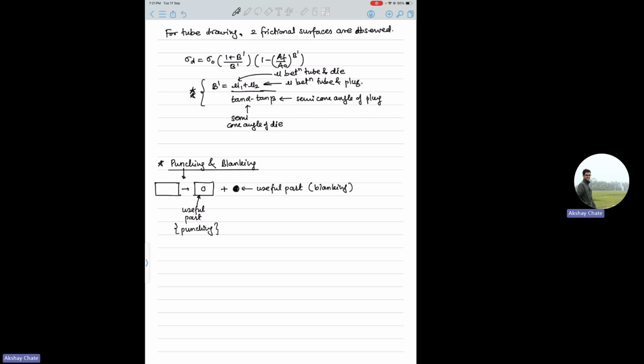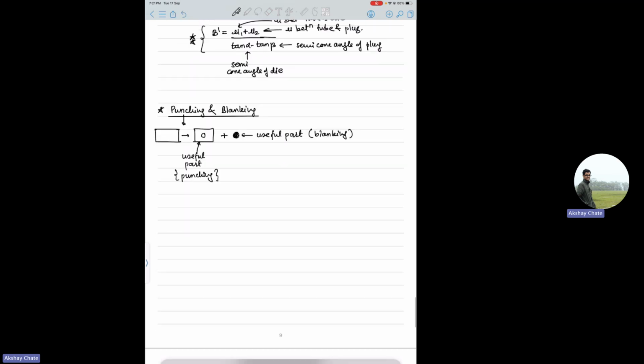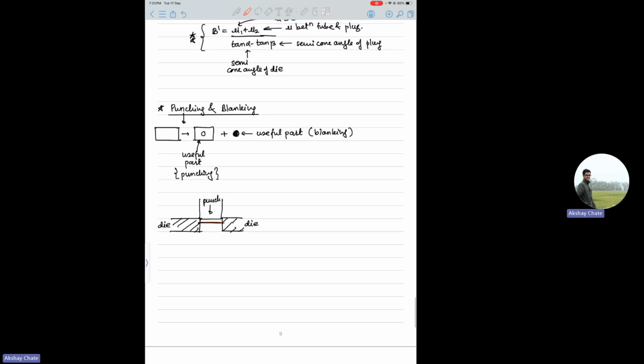So basically what happens in these operations, the simple schematic can be drawn like this. You'll have a punch like this, which will come here and shear this workpiece.